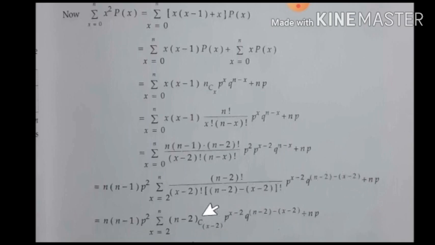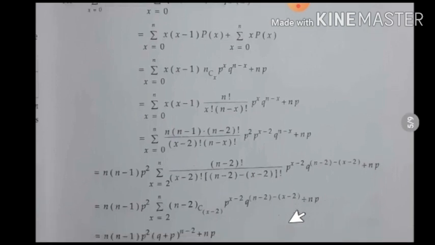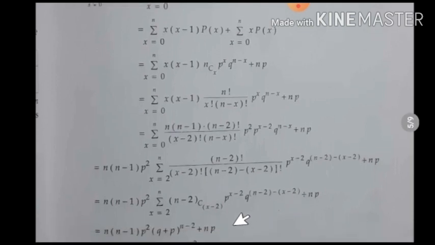Now, this is nothing but n minus 2 combination of x minus 2. This is the expansion of n minus 2 c x minus 2. Another term is written as it is. And further, if you expand this summation, this is nothing but the binomial expansion of p plus q whole to the power of n minus 2.